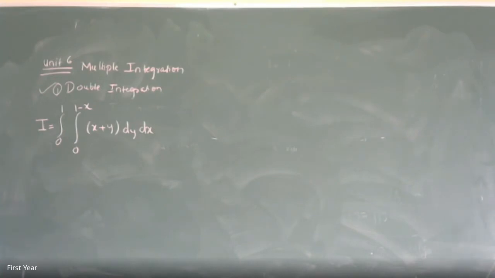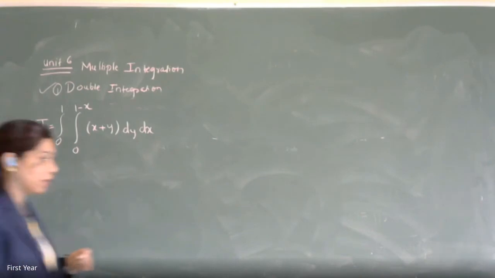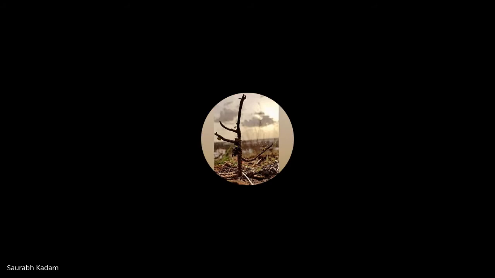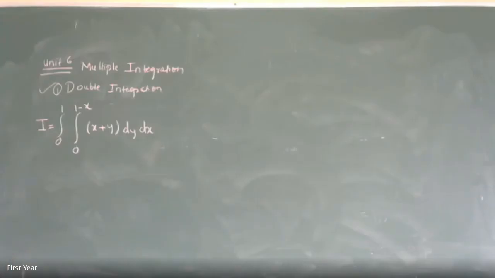Internal limits are of which variable? X. Y. Don't get confused and don't jump to the conclusion quickly. If you are going in terms of x, the limits will be of y. And this will be the limits of x.